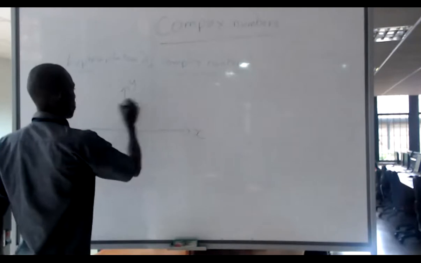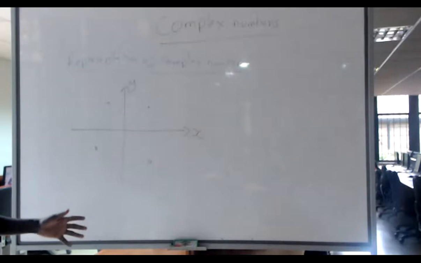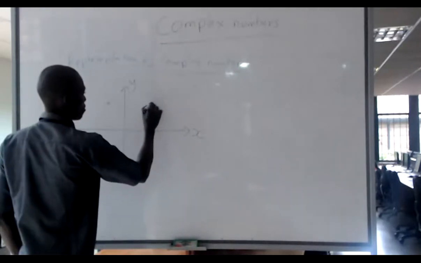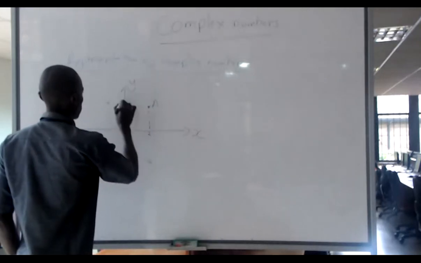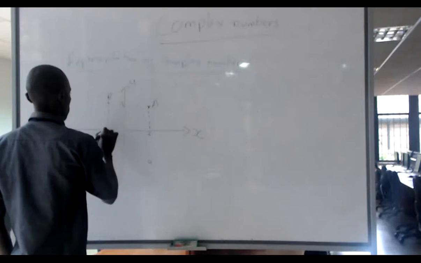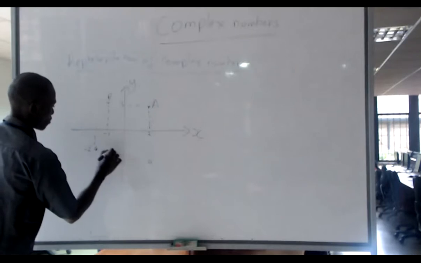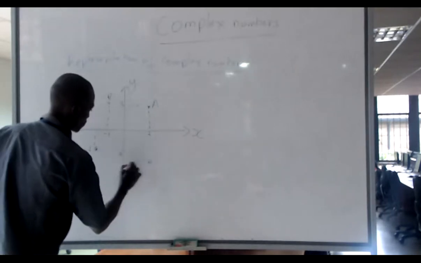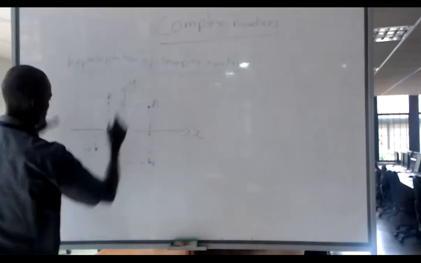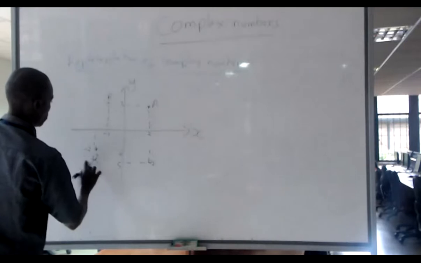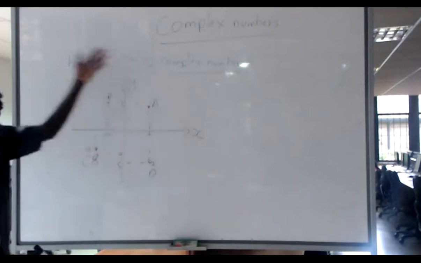You can locate points using coordinate pairs. For example, if I give you a point A there, and another point B, we can locate any point on this plane.